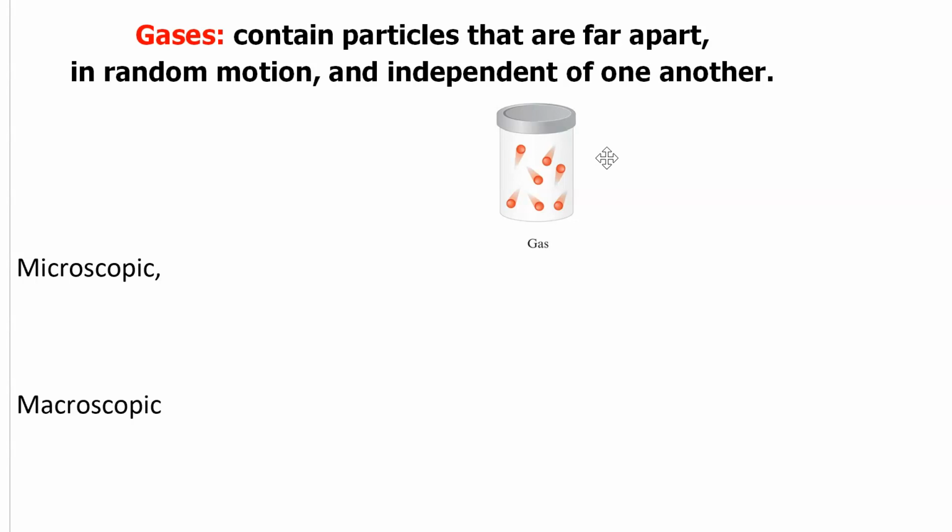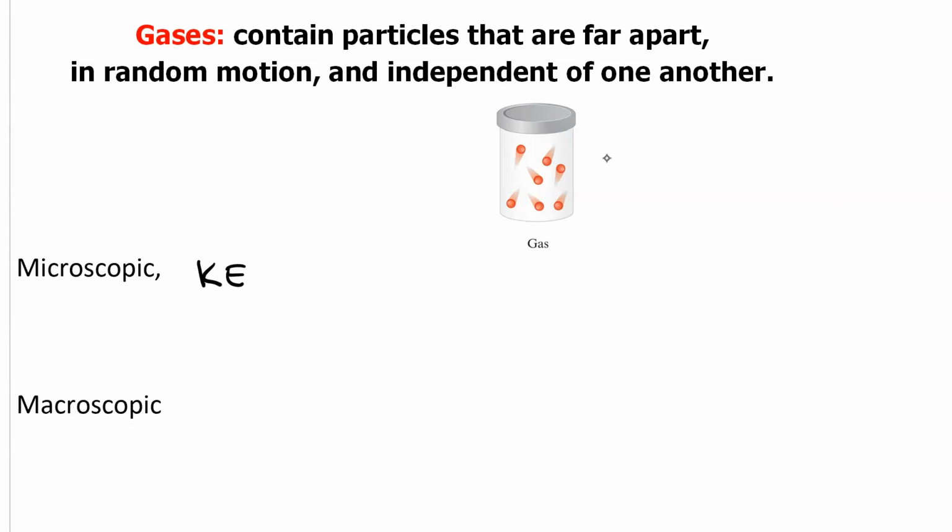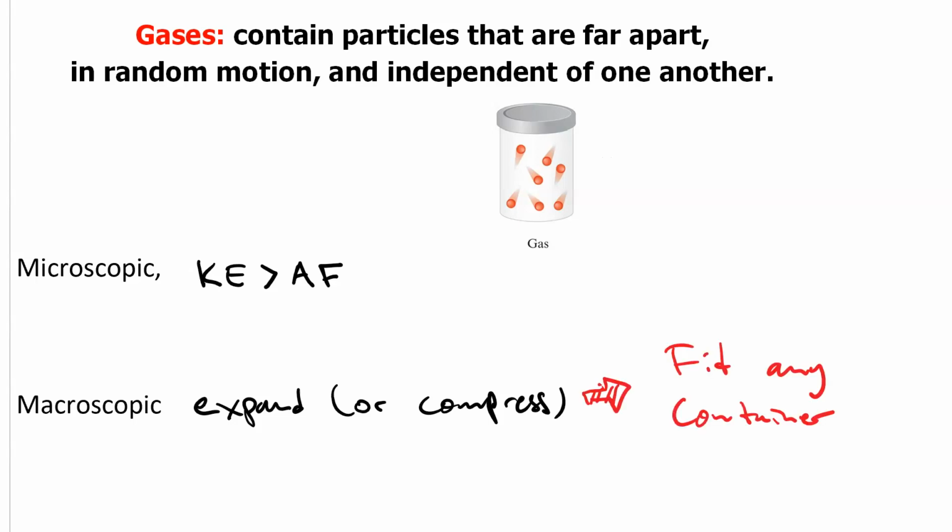On the microscopic level, that means that their kinetic energy is greater than their attractive force because they're at a high enough temperature. On a macroscopic level, this means that they will expand or compress to fit any container.